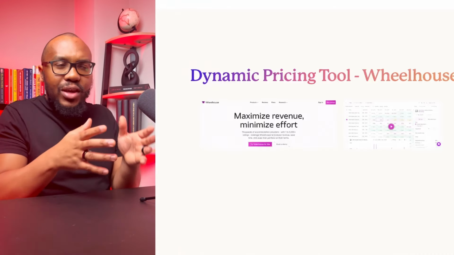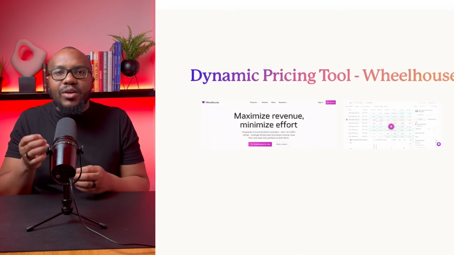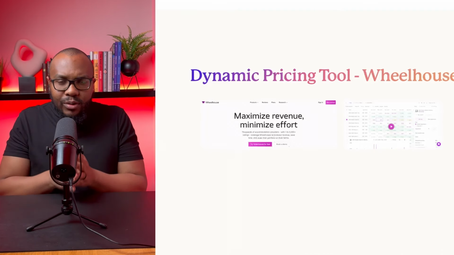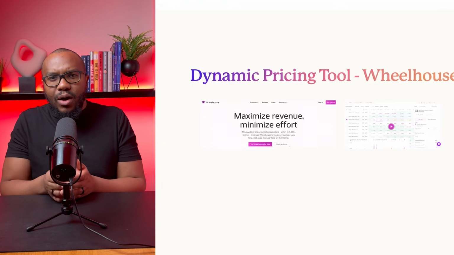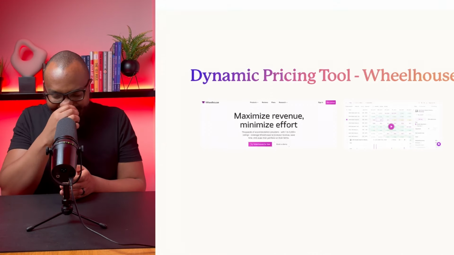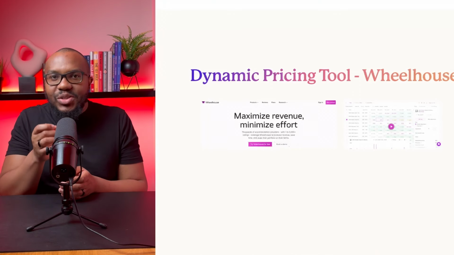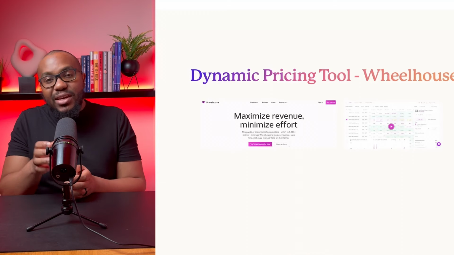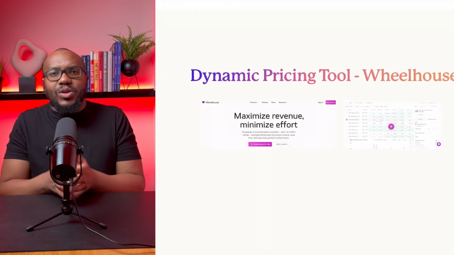I'll just give you a quick example of how the dynamic pricing tool actually saved me. So I think it was 2021, there was a big event in Scotland, and that event was called COP26.